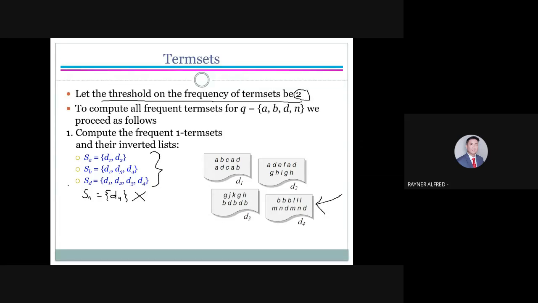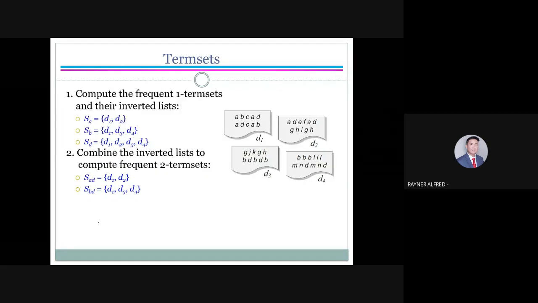So from the single term sets, we then combine this with this, and this with this, and this with this. Suppose we have A, B. Which documents do I have for A, B? We have D1 and then none.